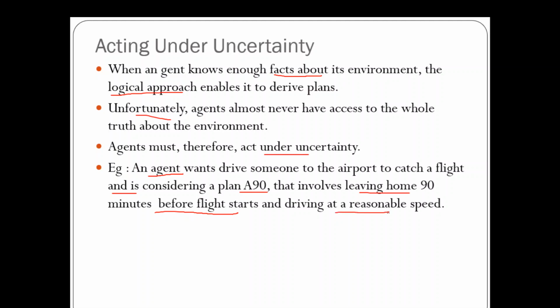We assume that the airport is somewhere around 10 to 15 kilometers from the agent's home, less than 15 kilometers from the starting point. So this is the plan proposed by the agent to reach the airport for the flight.